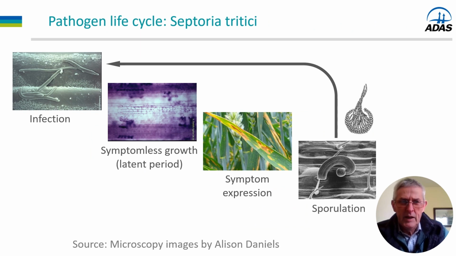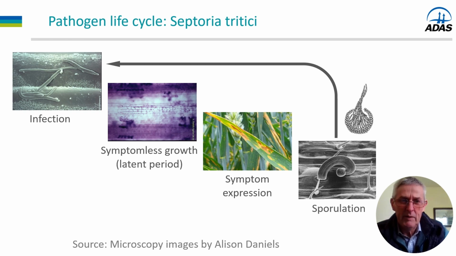We also looked in an earlier video at the pathogen life cycle, in this case for Septoria tritici. We looked at how the spores arrive on the leaf surface and infect. In the case of Septoria, they penetrate into the leaf, they grow in between the cells of the leaf as a period of symptomless growth in a period called the latent period.